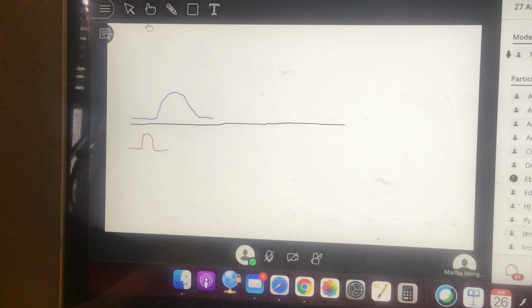The thing with summation and twitch is that, oh, I'm sorry, let me go back to explaining. If you just have one action potential going down one neuron, the resulting contraction of that motor unit is called a twitch.